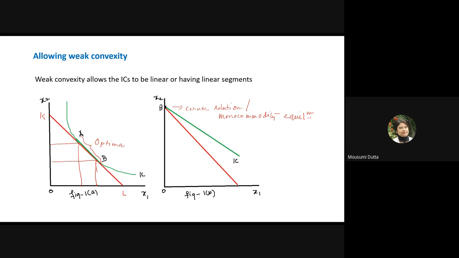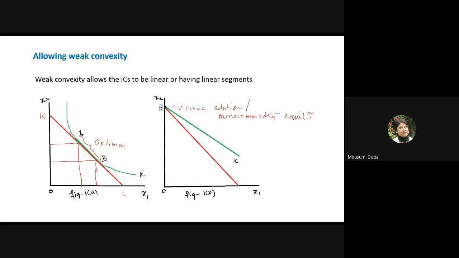All the points on the budget line between A and B are optima. Since here there are a number of optimum solutions, we are calling them optima. Okay, so there is a possibility that we are not getting a unique solution.